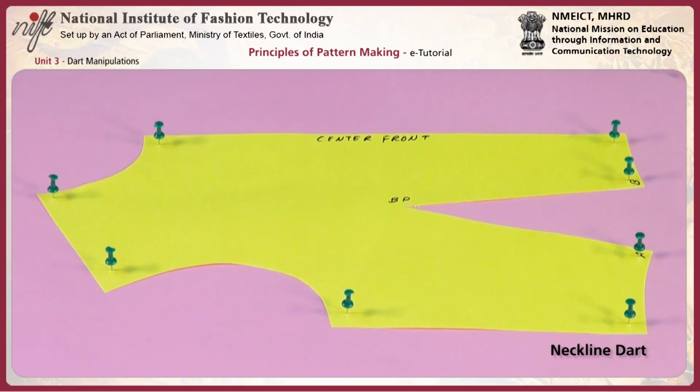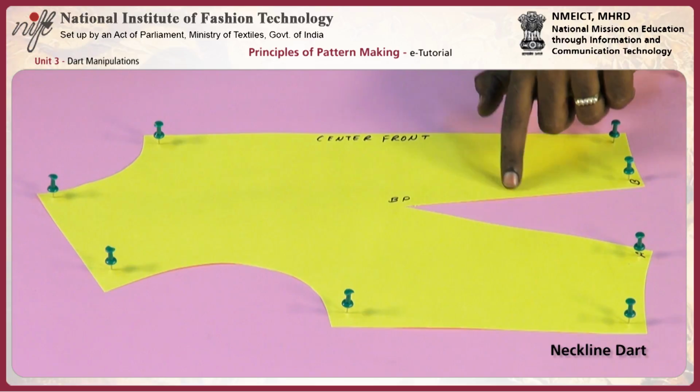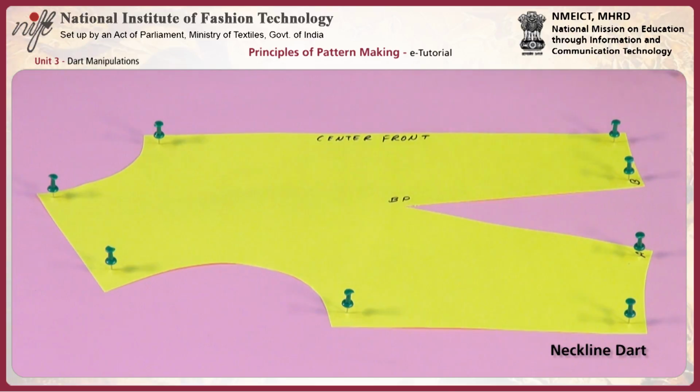Start. Now we are going to make neckline dot. For this, use single waist dot sloper and mark A and B at the waist dot legs. Decide where you want the neckline dot.